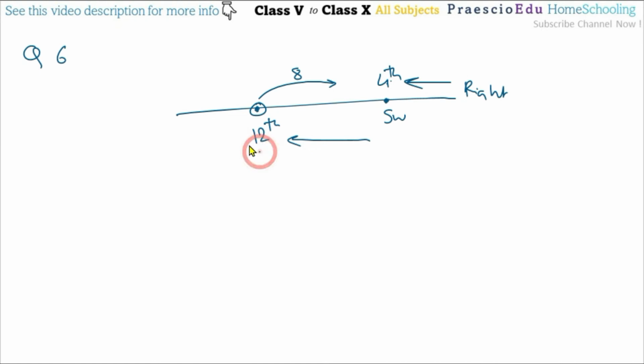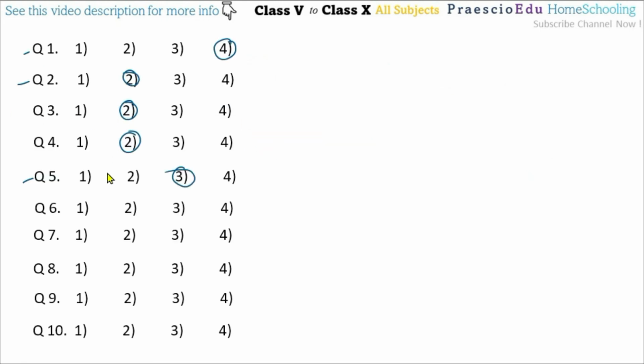So 12th, and there are a total of 17, so 17 minus 12, and then we have to add 1 because the person's counting should be there. So 17 minus 12 is 5, and 5 plus 1 is 6th. So from this side the 6th place is Swati's initial place, and 6th is given in option number 1. So for question number 6, option number 1 is the correct one.